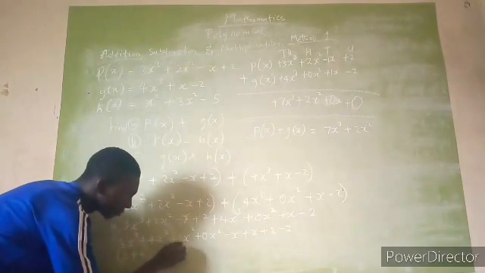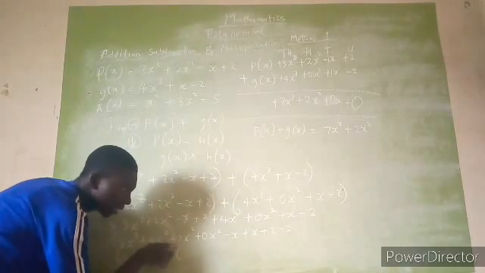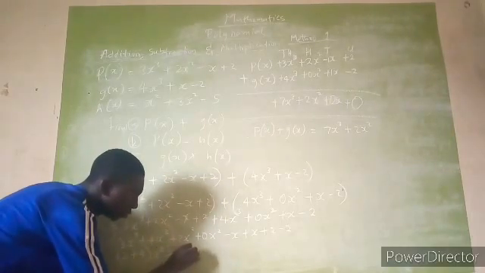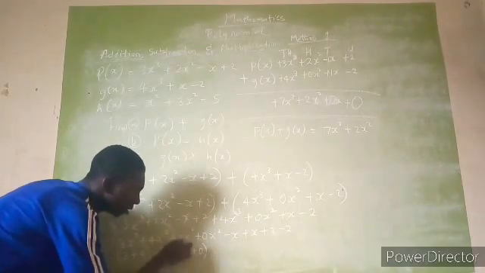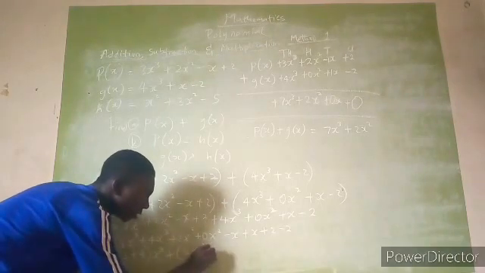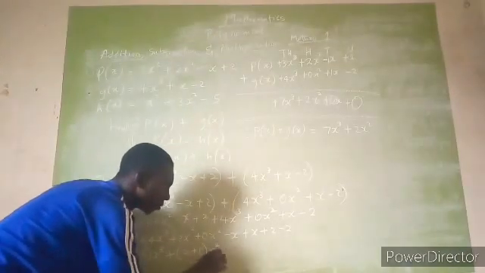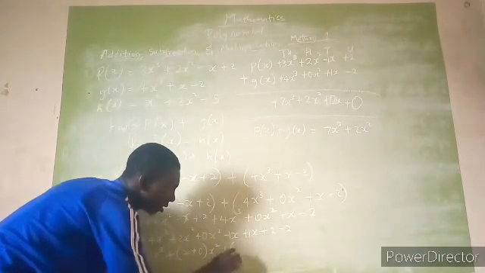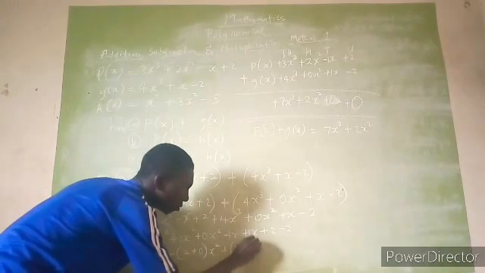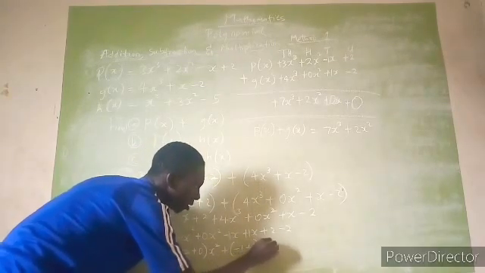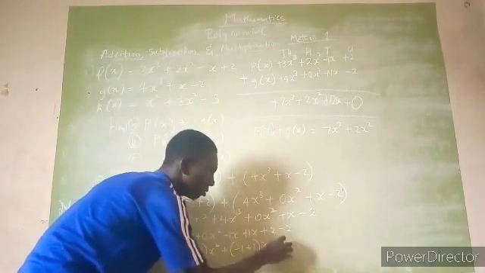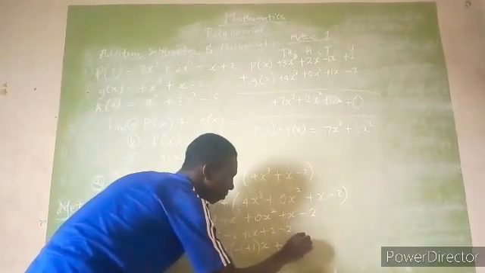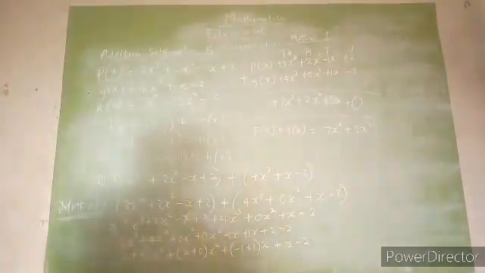Plus Peter Paul, 2 plus 0, same surname, s squared. Next one, plus. Here Peter is minus 1 and Paul is plus 1, right? Minus 1 plus 1, same surname, x. And here it is 2 minus 2.